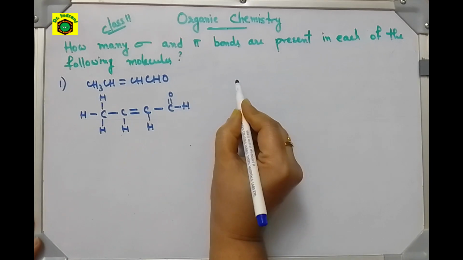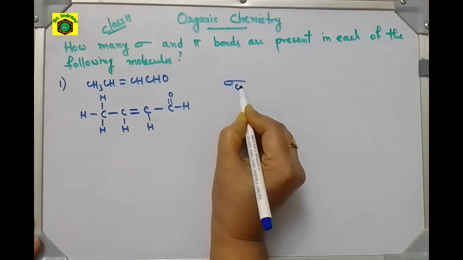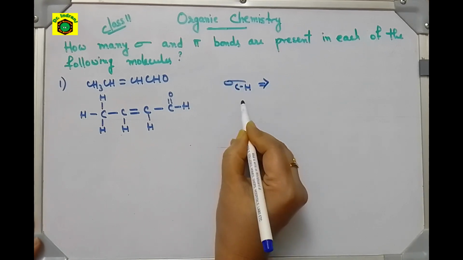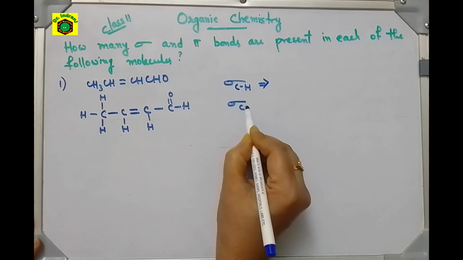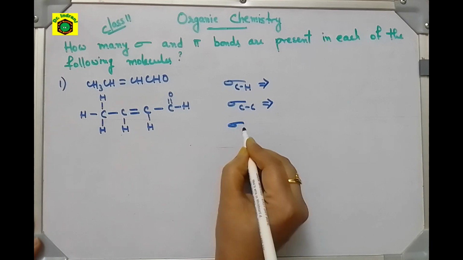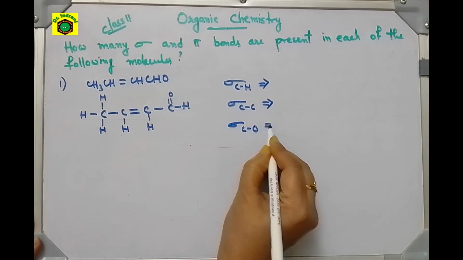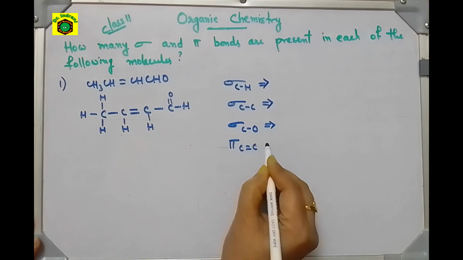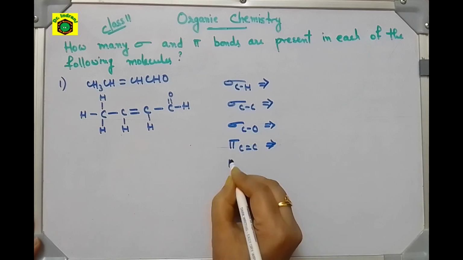Now how many CH sigma bonds are present? How many CC sigma bonds are present? How many CO sigma bond is present? Now CC pi bond and CO pi bond.